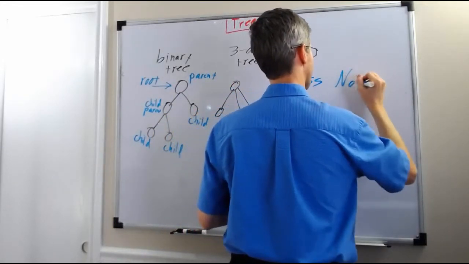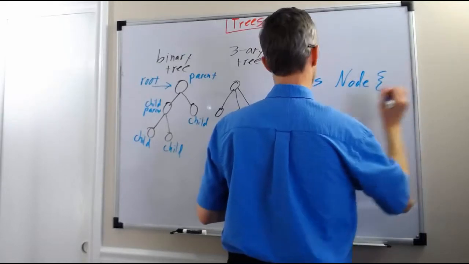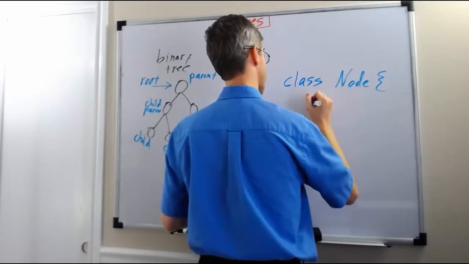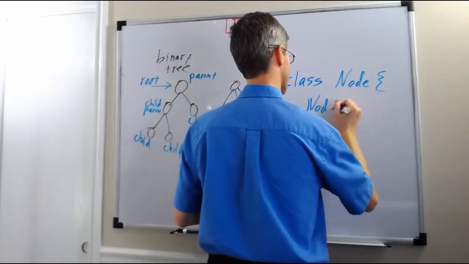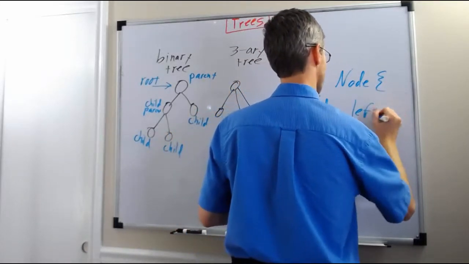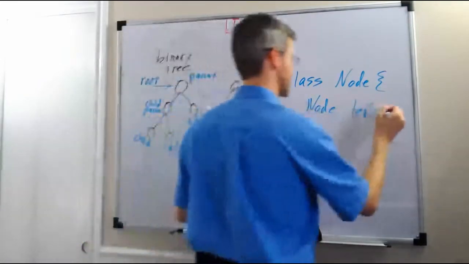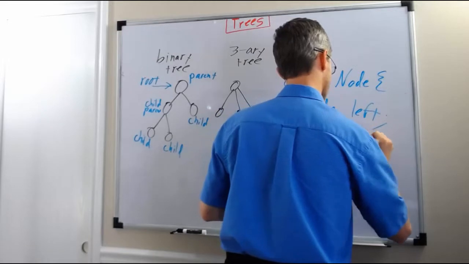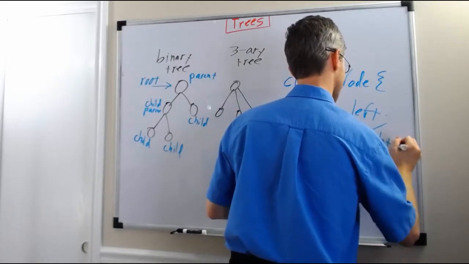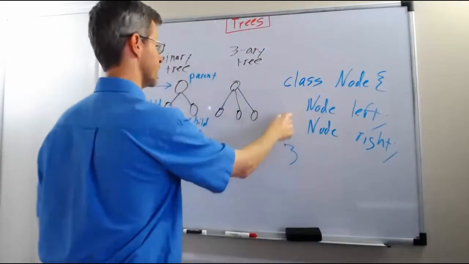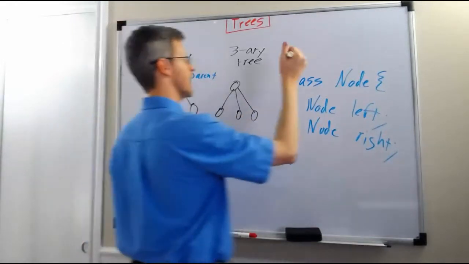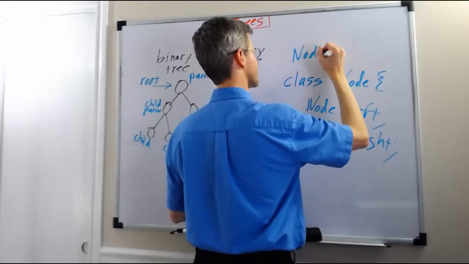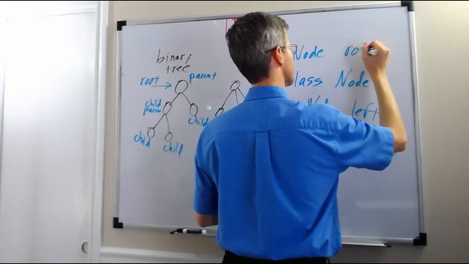Class Node, and a node has references to two other nodes in the case of a binary tree like this one. So a node has a left node that it refers to and a right node that it refers to, and then the root itself is also going to be a node.